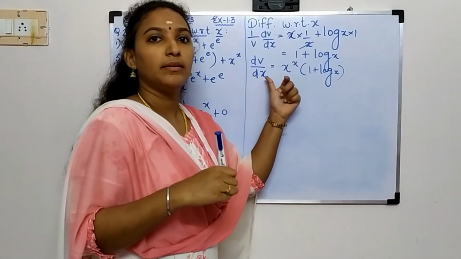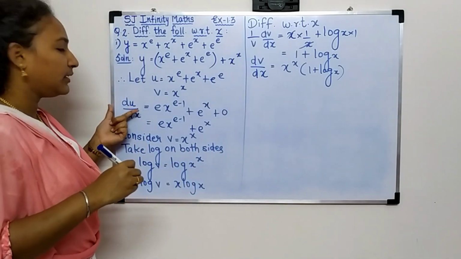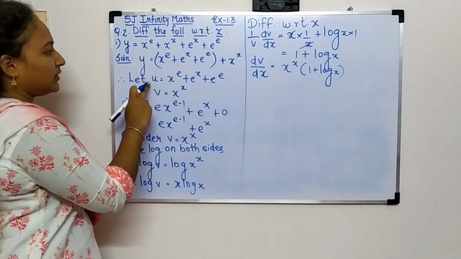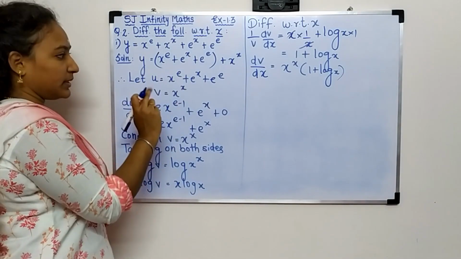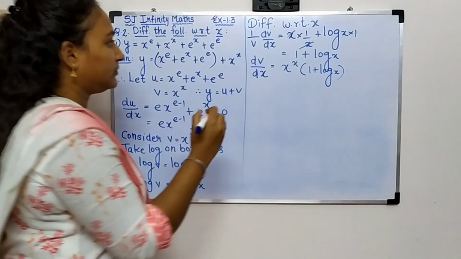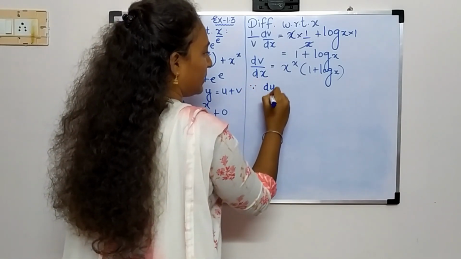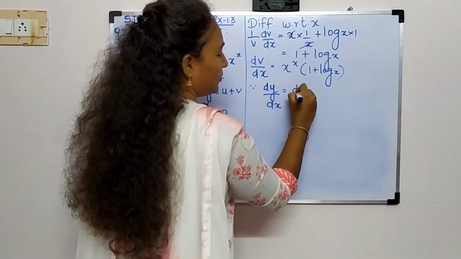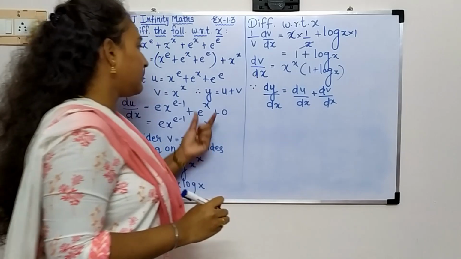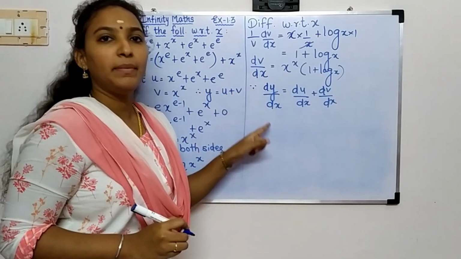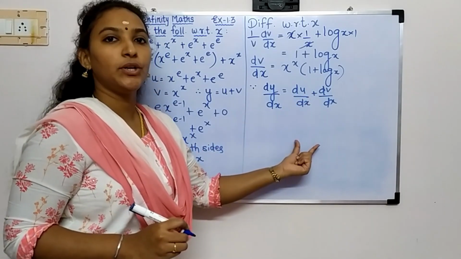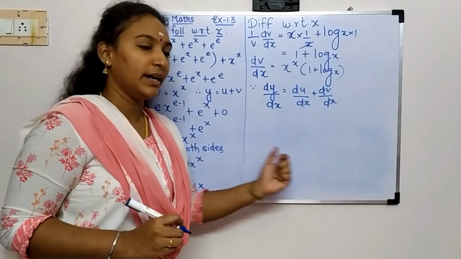So this is a practice for you. Now we have du by dx and dv by dx. We can substitute. See here we have taken u to be this and v to be this. Therefore your y becomes u plus v. We know that dy by dx is equal to du by dx plus dv by dx. Now we can substitute for du by dx and dv by dx.